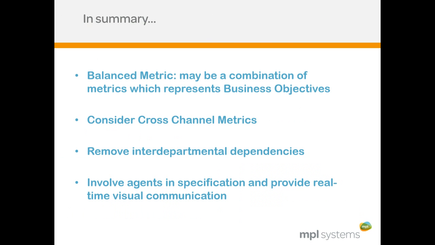Multi-channel is here to stay, and if anything, it's going to be a bigger issue than voice in the next few years. Break down those interdepartmental dependencies and get your agents involved in not just the call center performance, but in understanding how they can contribute to the overall business performance. I'll stop there. Thank you very much indeed, and back to Jonty.